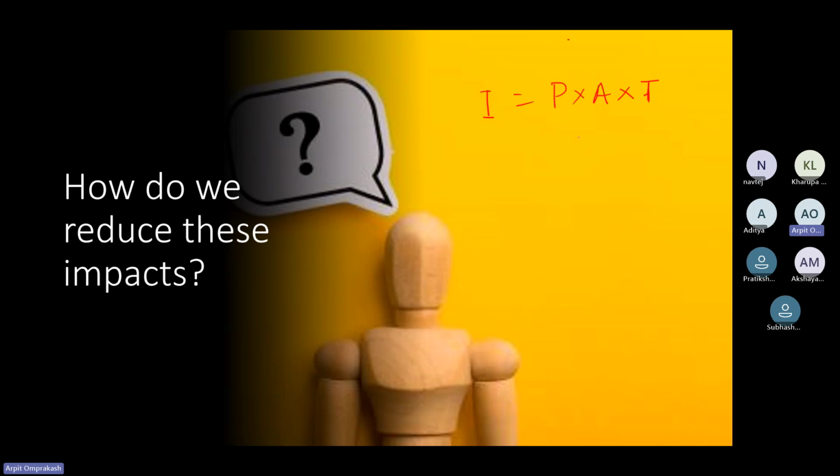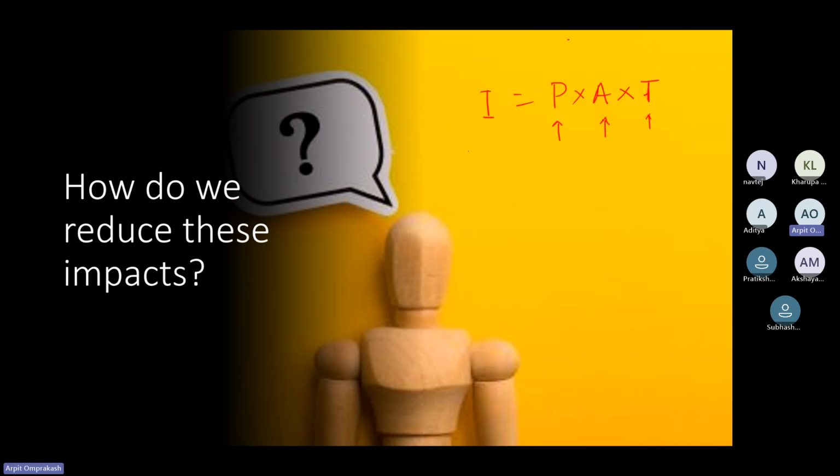The population is showing an increasing trend, increasing ever since the human race has been here. Then affluence is also increasing because GDP is increasing across countries all across the world. And technological advancement is also increasing. So the impact that humans have on Earth or the environment is increasing at an unprecedented rate.